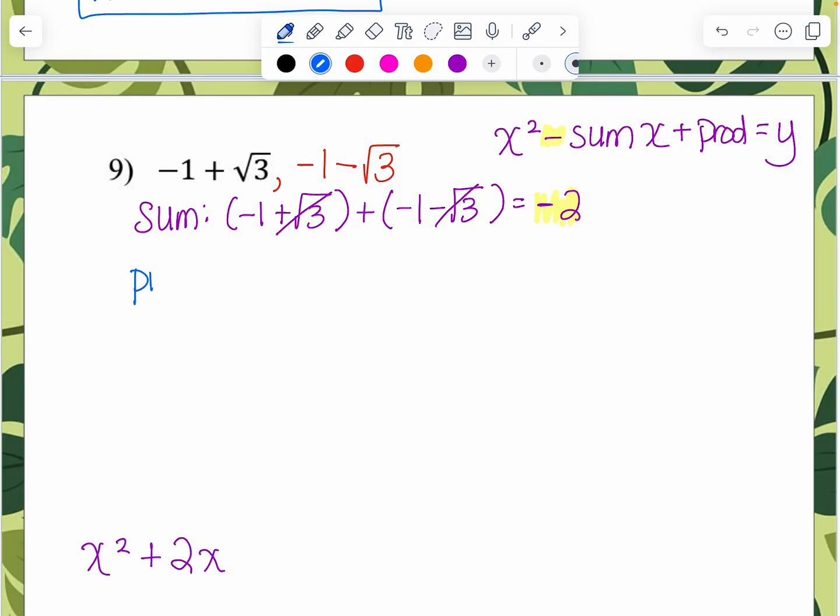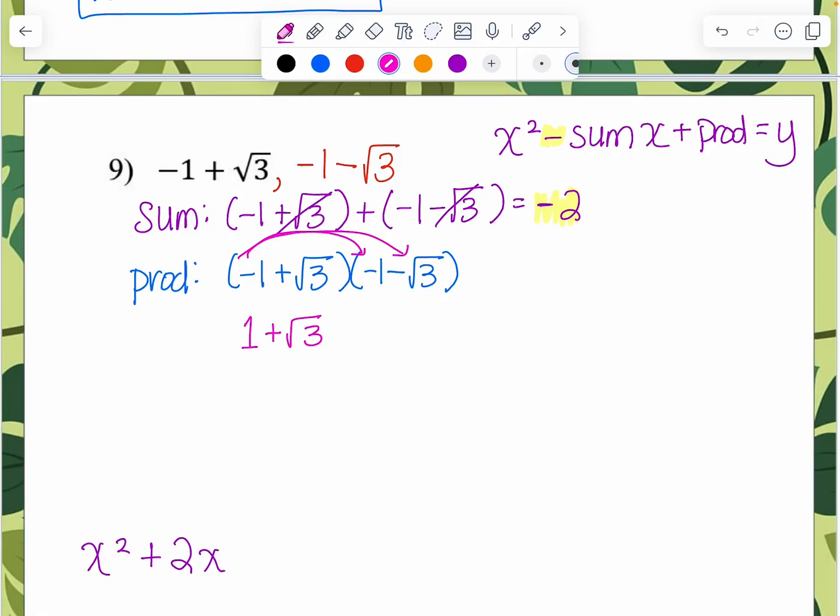Now I'm going to find the product of -1 plus the square root of 3 times -1 minus the square root of 3. So I have -1 times -1 is going to give me +1. -1 times negative square root of 3 is going to give me positive square root of 3.